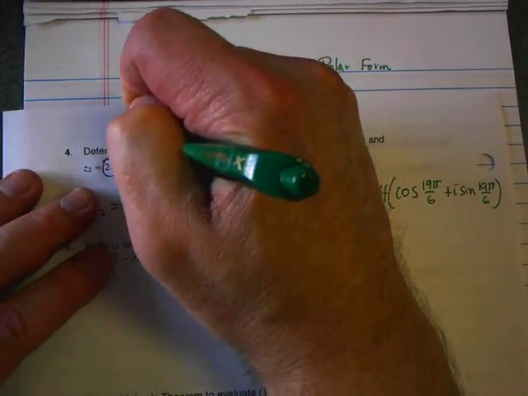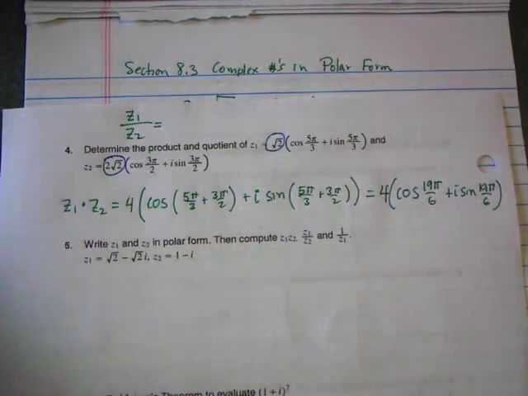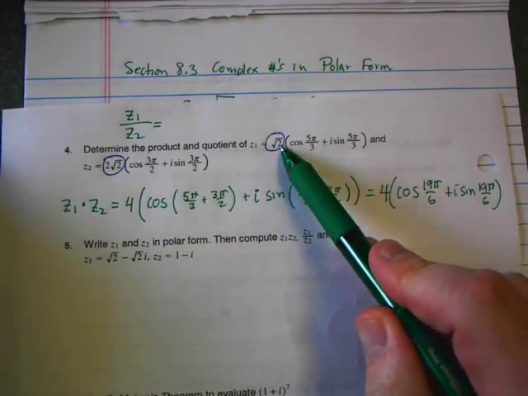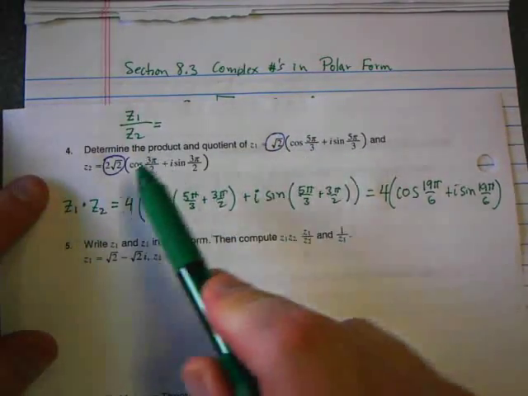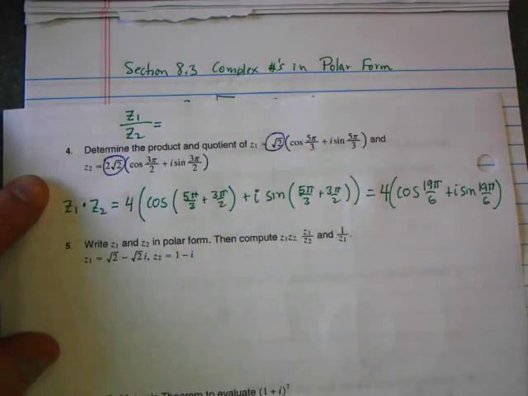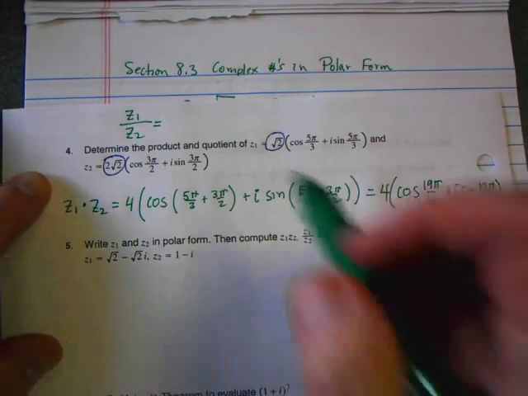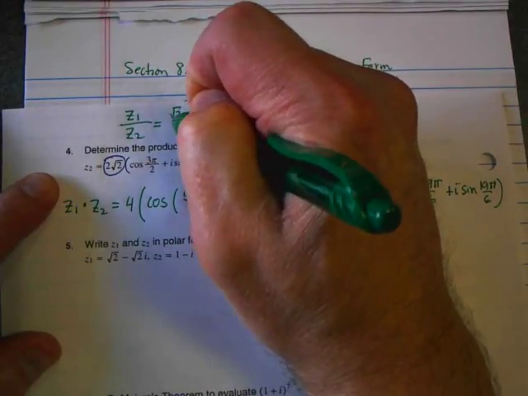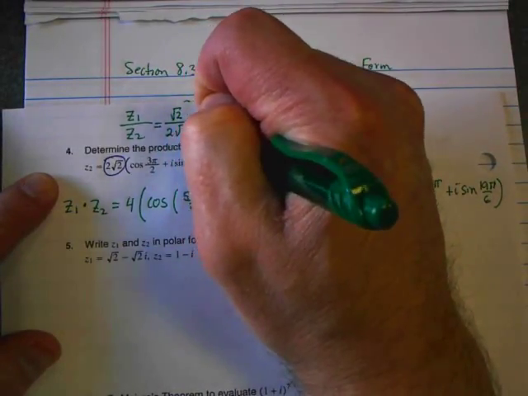divided by Z2 would be, I have to take the square root of 2 and divide it by 2 square roots of 2. What's square root of 2 divided by 2 square roots of 2?